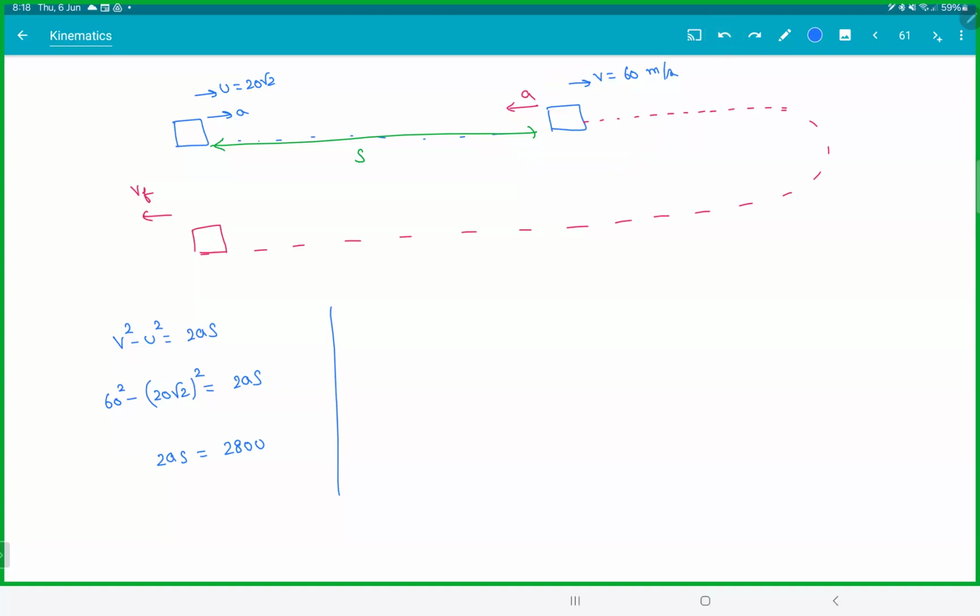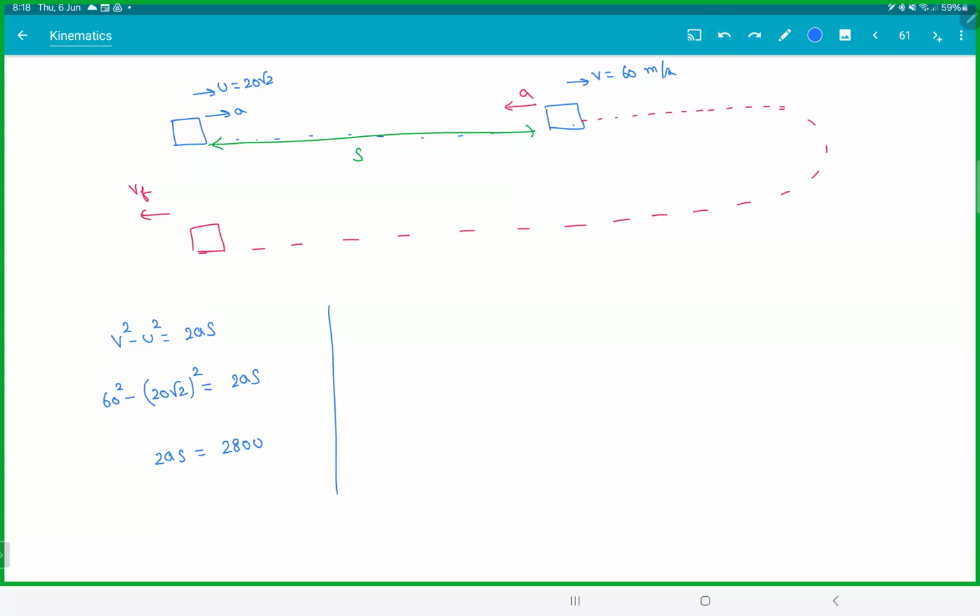Now, when you're going from here to here, look at this. In the formula, S is what? Displacement, right? So do I care how much you have gone ahead? We don't care. Your speed is 60, your acceleration is backward. You went front and you came back here. This is V final. This displacement is still less. So when I write the equation, V final square minus 60 square, be careful with the signs.